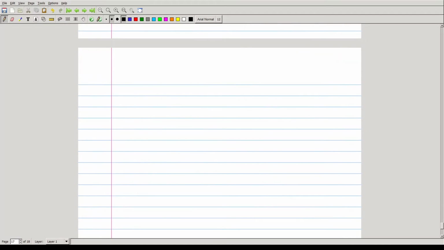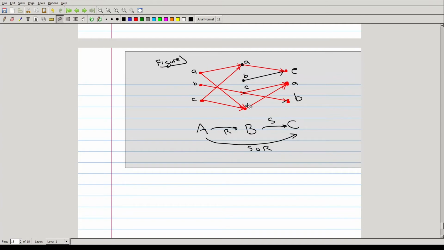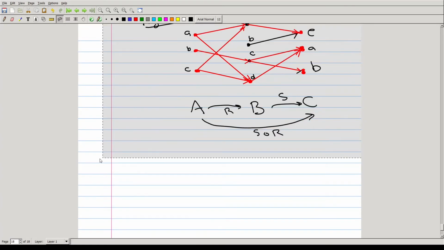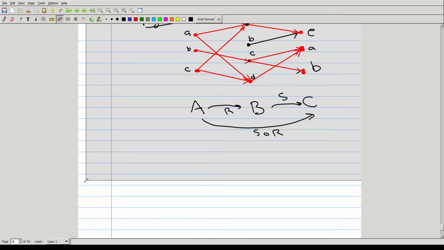And the way that we determined this before was visually, where we drew down the picture. I'll make this a little bit bigger so that you can see.